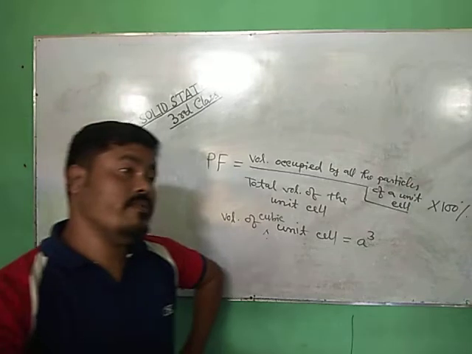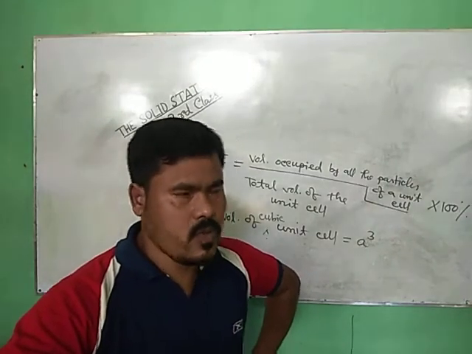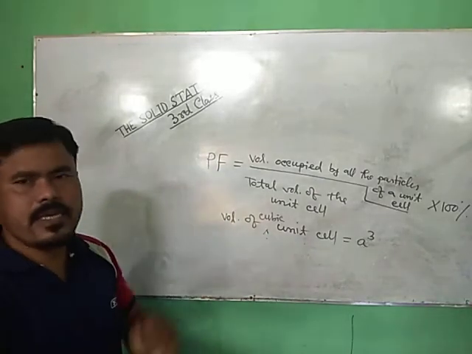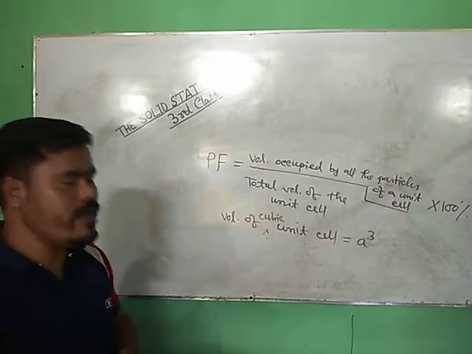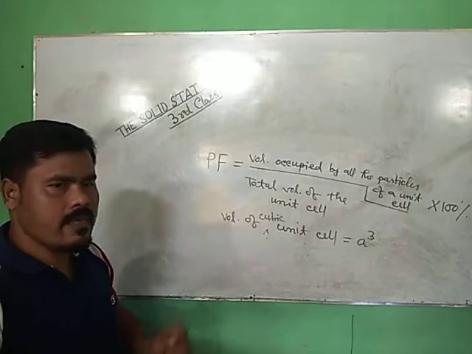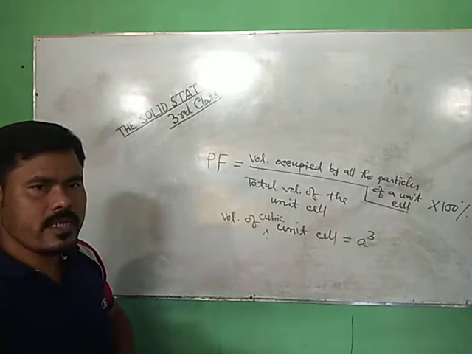Again, BCC unit cell contains only 2 particles. Since we know the number of particles present in different types of cubic unit cell, I am going to calculate the packing fraction in different types of cubic crystalline solid.